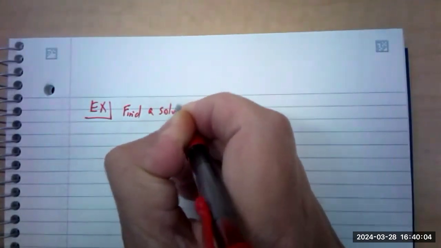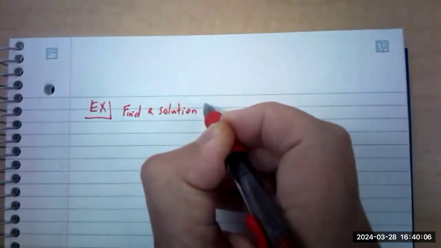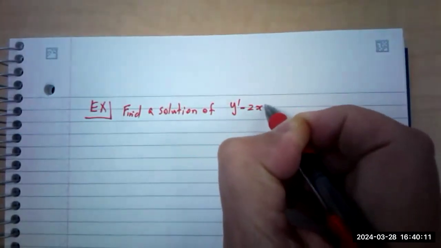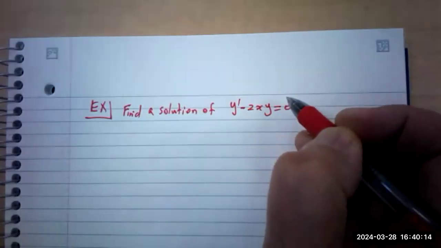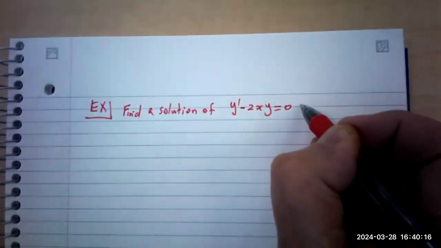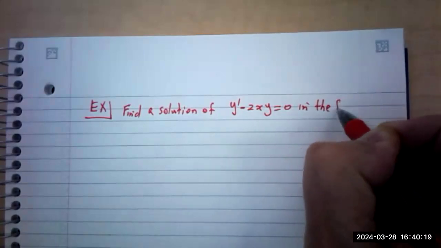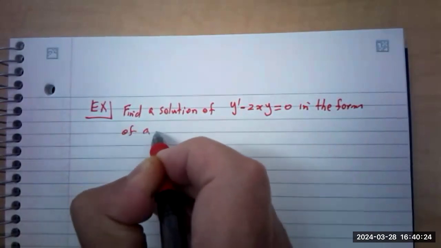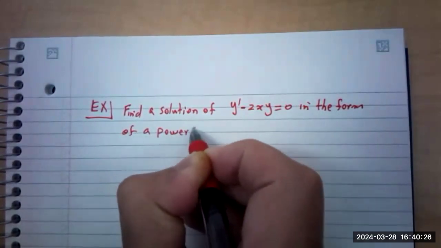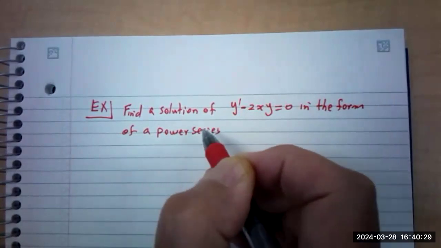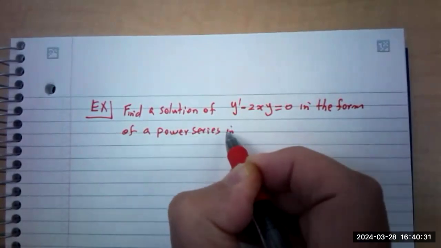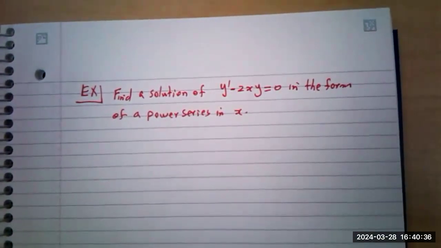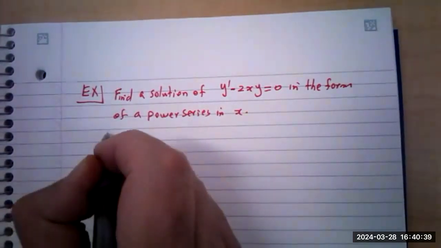Find the solution of this equation, y prime minus 2xy equal to 0, in the form of, this is the expression of your book, in the form of power series, the power series in x, for the Maclaurin series. That's it. So this is the way we're going to do it.